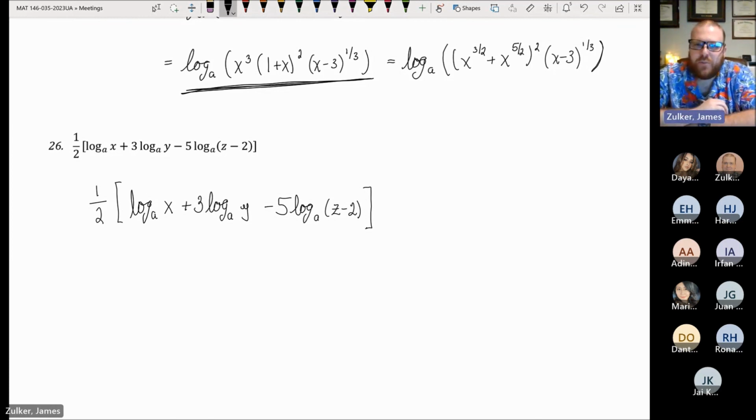So there are two ways to proceed. The first way we could proceed is by distributing the 1/2 through first.